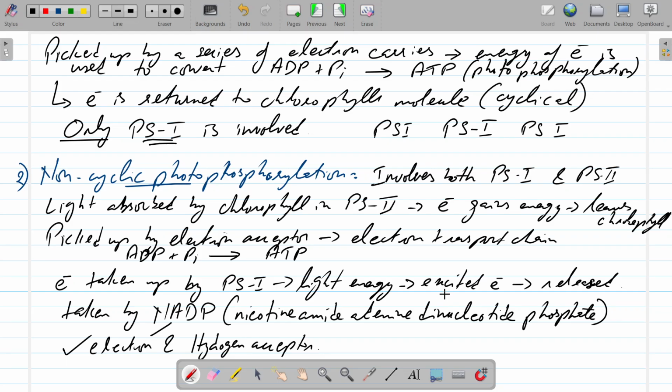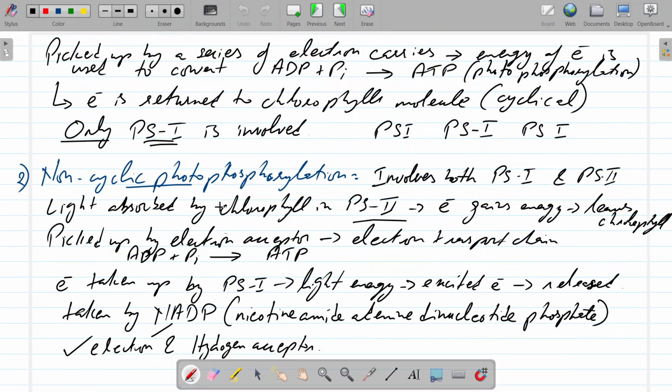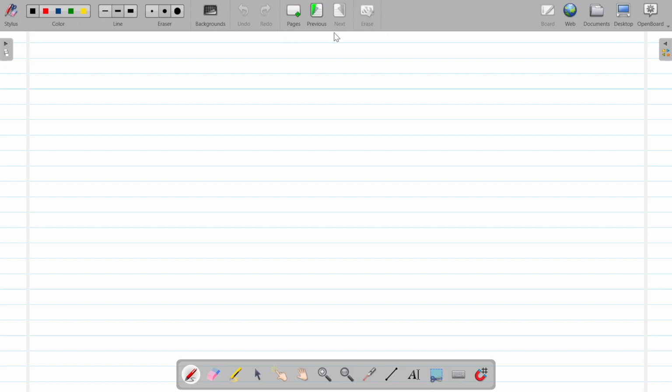But what about photosystem 2? Where does it get its electron back from? That's where we talk about photolysis, the splitting of water, the photochemical reaction. That's what's happening in non-cyclic photophosphorylation.